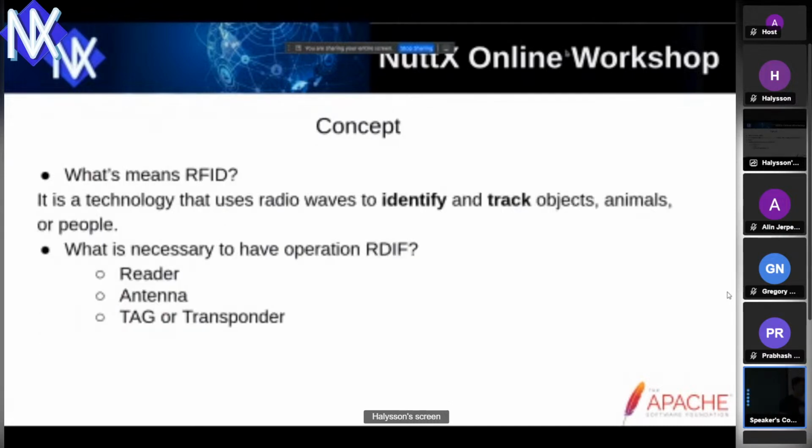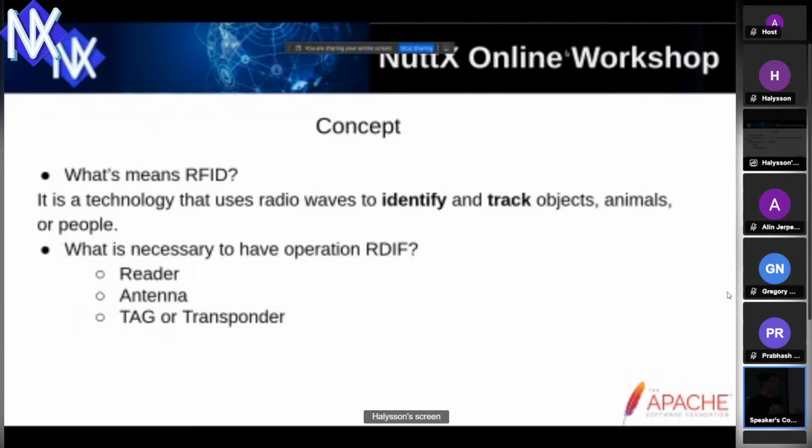Okay, first of all, I'm talking about the basic concept. I think everybody knows what RFID is, but the question is, what does RFID mean? RFID is an acronym for radio frequency identification, a technology that uses waves to identify and track.